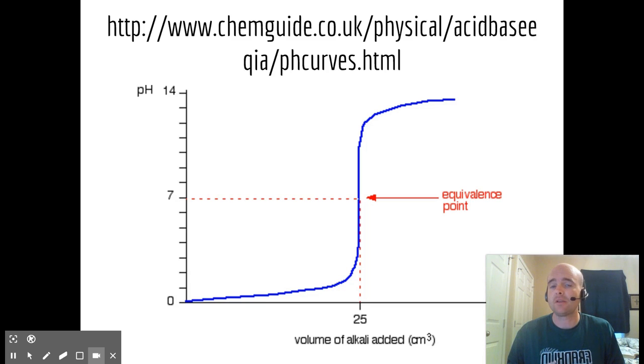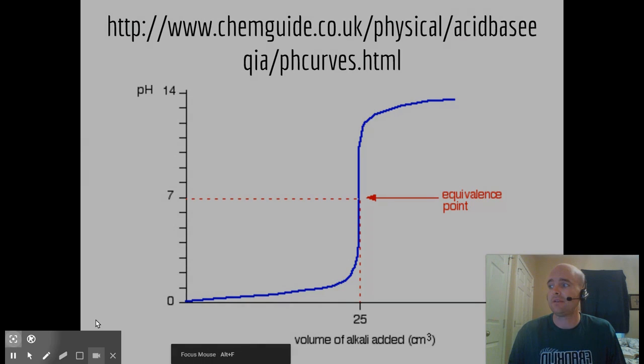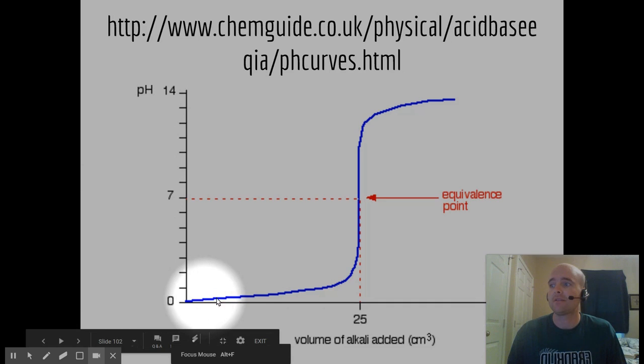Graphically, we can show the equivalence point when we graph the pH versus the volume of the titrant added. As we gradually add the titrant, the pH will steadily increase.